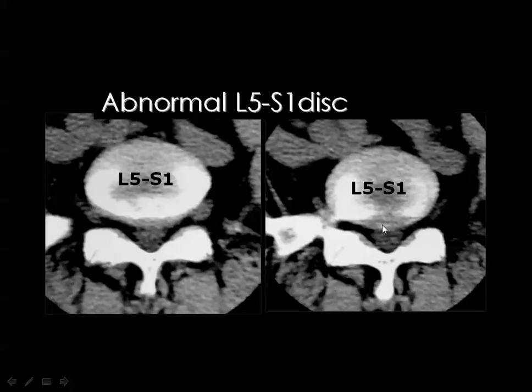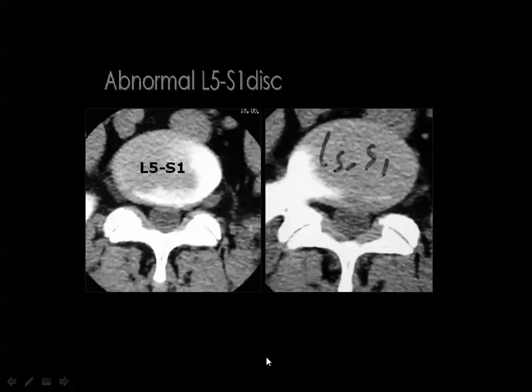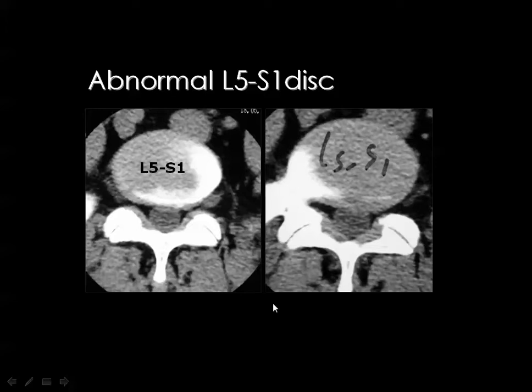Then I give you an example. Look at this L5S1 disc and you can see that the posterior border is convex. Then you go to the next section and you see that there is disc material inside the spinal canal, and this disc is abnormal. And this is also an example of an abnormal L5S1 disc.